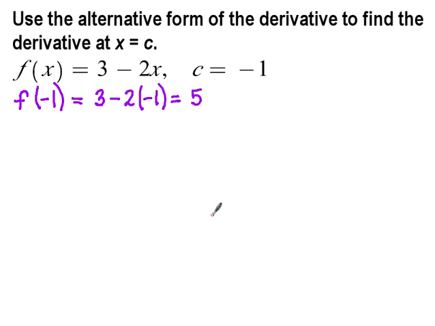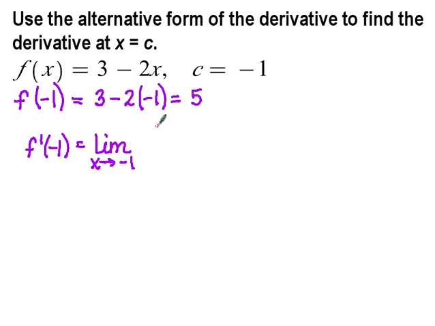So now we're ready to actually use the alternative form of the derivative. The alternative form, f prime of negative 1 equals the limit as x approaches what? Negative 1. Yep.